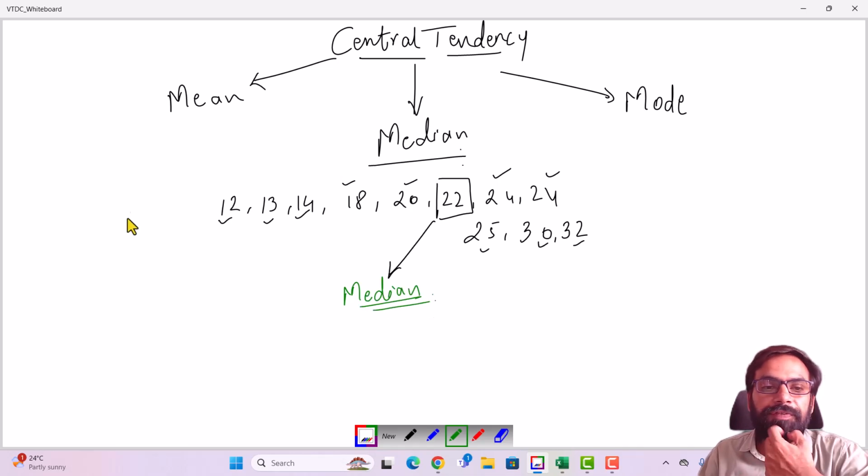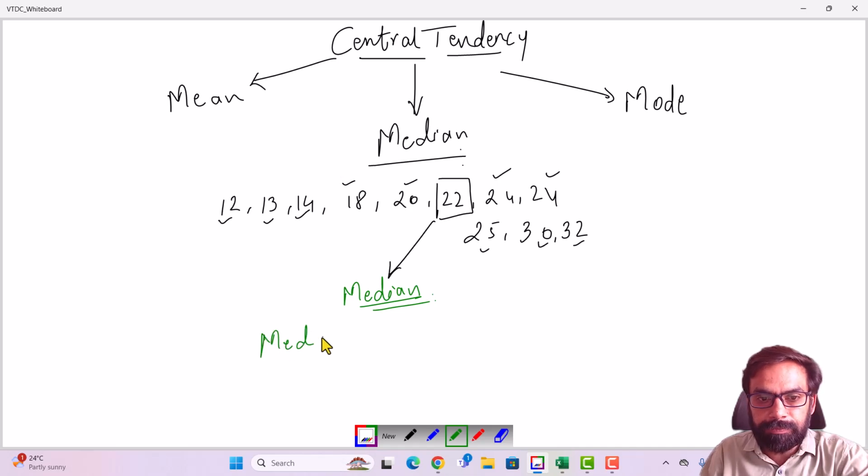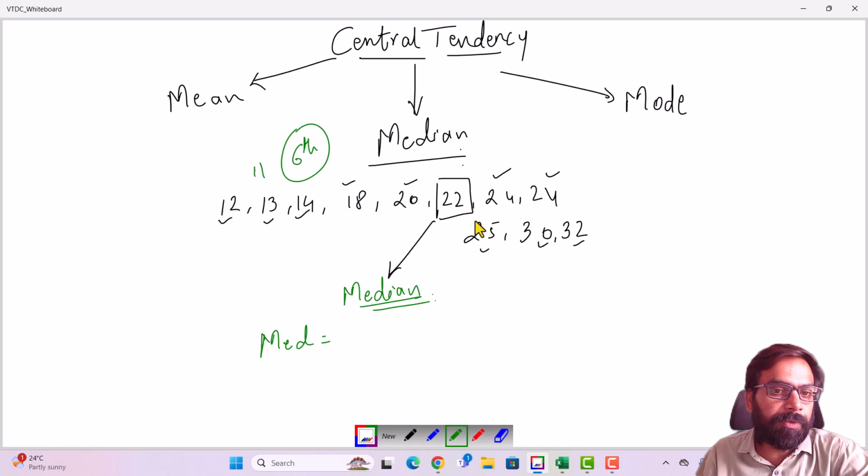Okay. So if I arrange the quantities in a certain order, the mid value comes out to be the median, right? Now, if the number of quantities is odd, this will be easy. For example, the number of quantities over here was 11 and the 6th term came out to be my median.